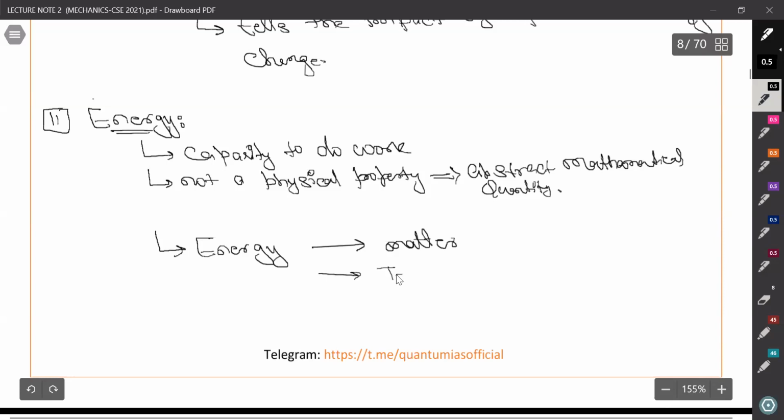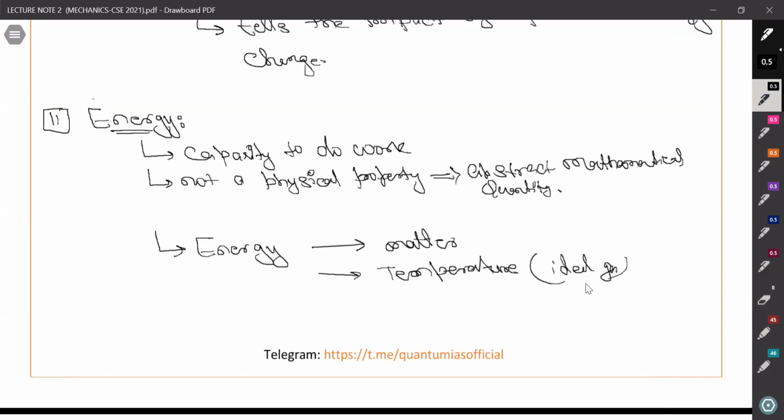Also we can write it down: energy is temperature, or temperature is energy, when we talk about ideal gases and the molecular structure. So what is temperature?